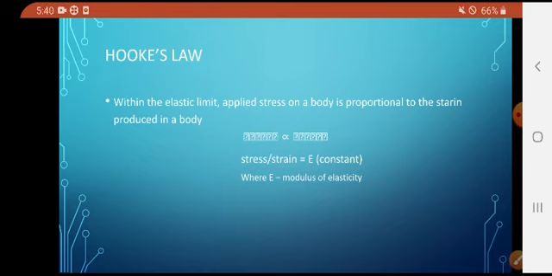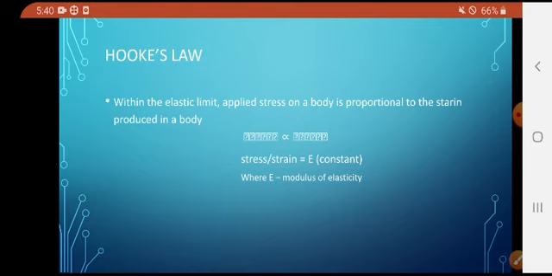Hooke's law states that within the elastic limit, the stress is proportional to strain. Right? Hooke's law holds good for three types of strains, but for different types of strains the modulus has a different value.